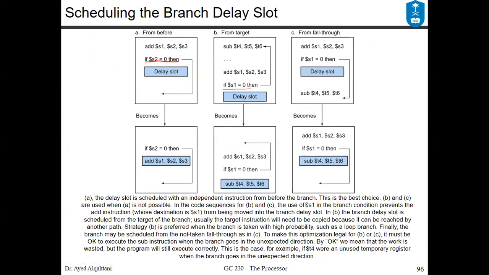So we need to fill it with other instructions to not waste time. So one way, and the best option, is to take an independent instruction from before the branch and plug it in the delay slot. So you take this one and you plug it in the delay slot. This way is the best way, and this way you won't have any problem or worry about adding more stalls.